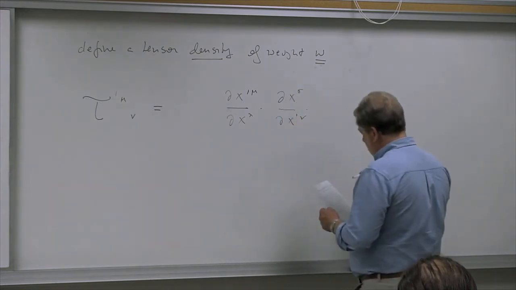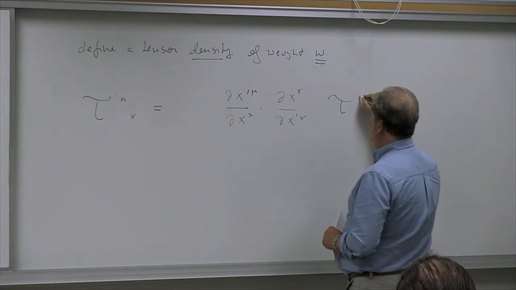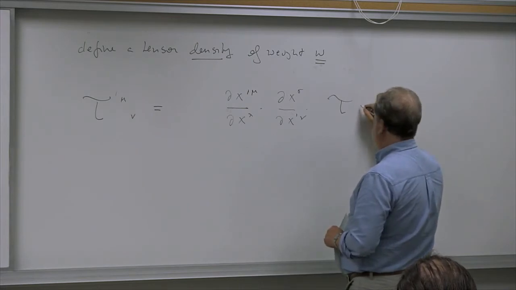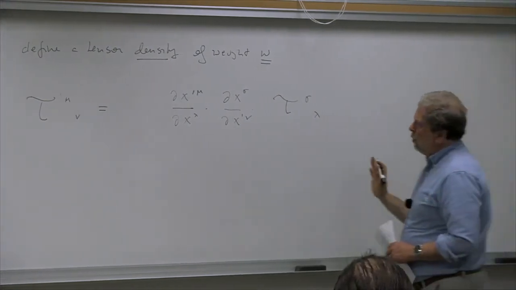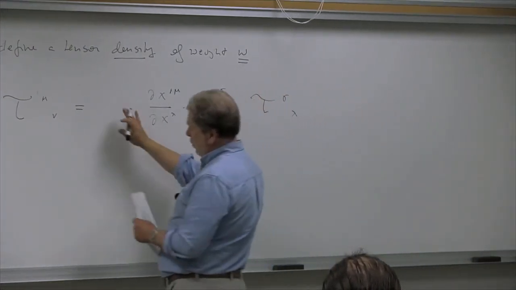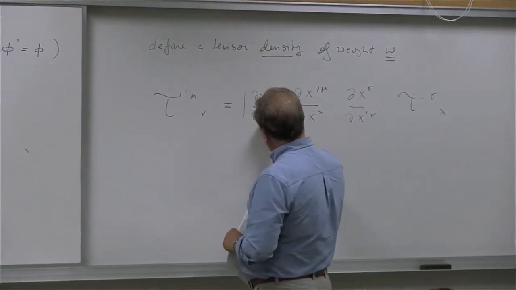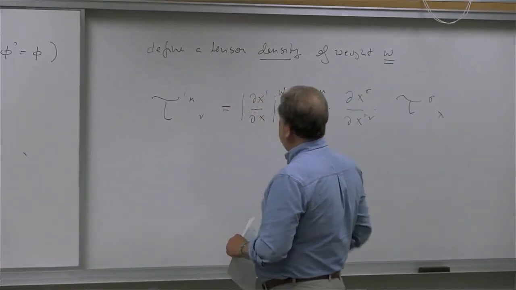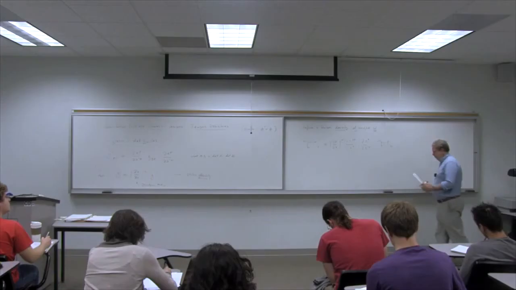And then times the same density, script T lambda sigma, right? That would be if it was just a tensor, right? But here you have an extra factor, and the extra factor is dx prime by dx to some power w.